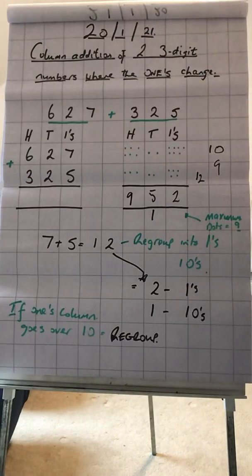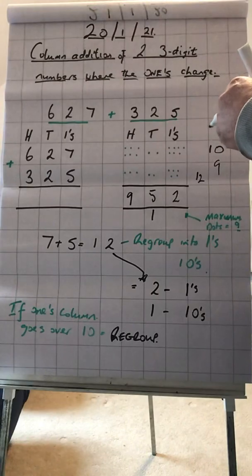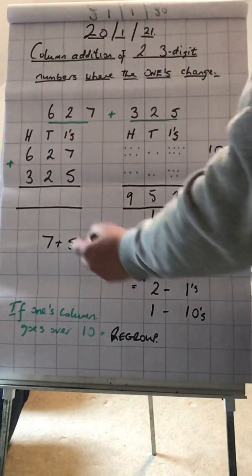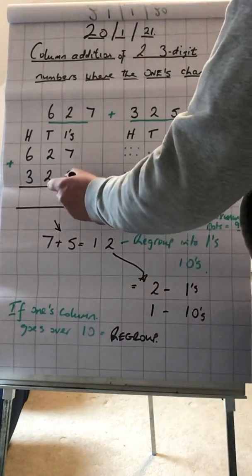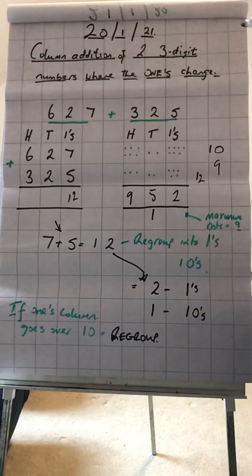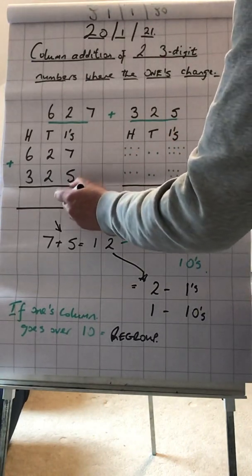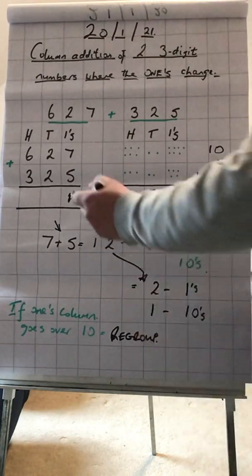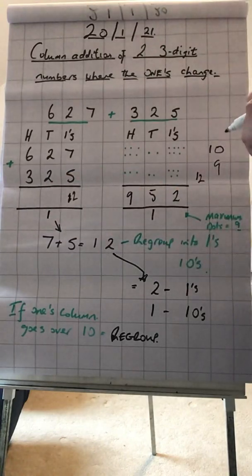Now let me check that answer by doing it as a number problem. In the column addition, the dots are replaced by numbers. So 7 and 5 equals 12. I cannot write the number 12 in that space. It's not 12 ones. I have to regroup. I know that 12 is made up of 1 ten and 2 ones, so the 2 ones go in there, and the 1 ten goes underneath the tens column.